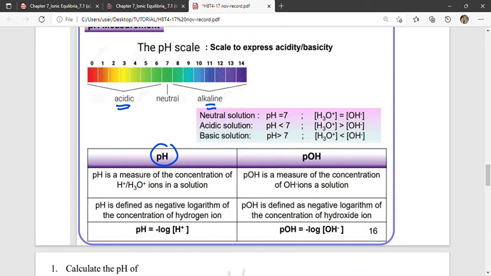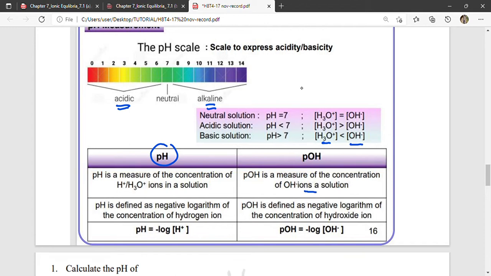For a solution with a pH greater than 7, the concentration of OH minus is greater than the concentration of H3O plus. So if we have pH, we also have pOH.